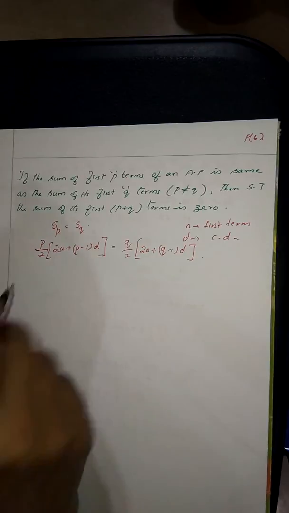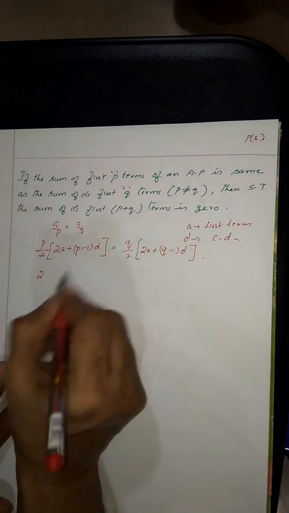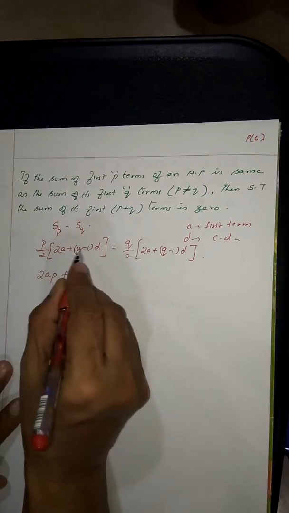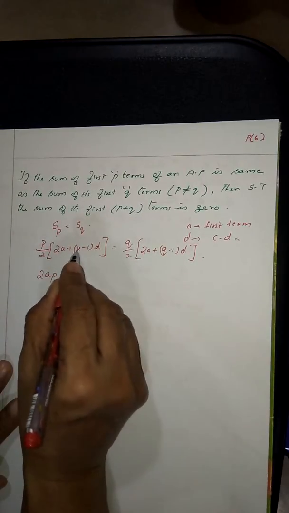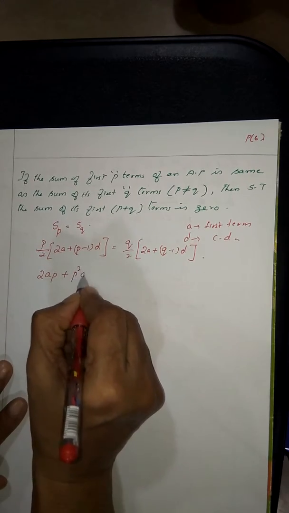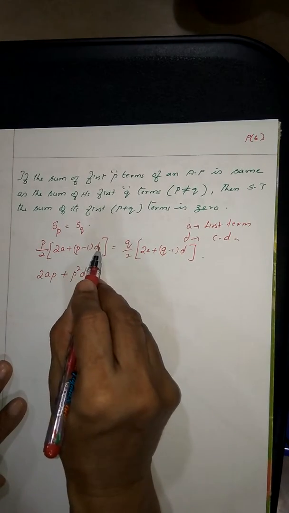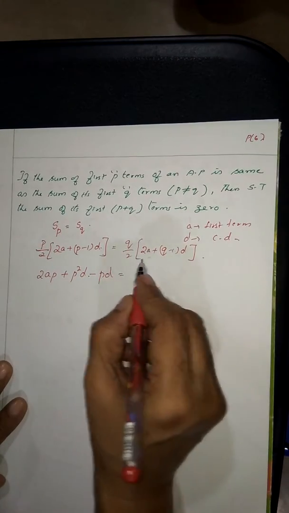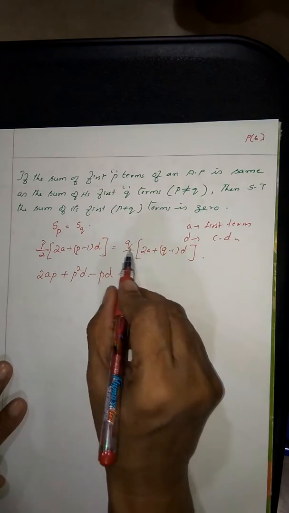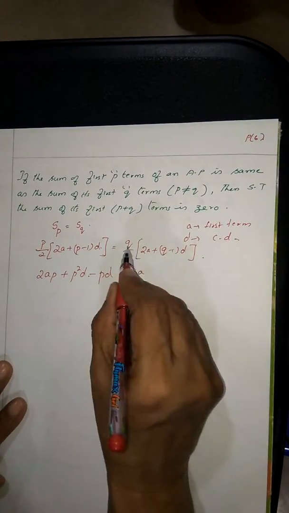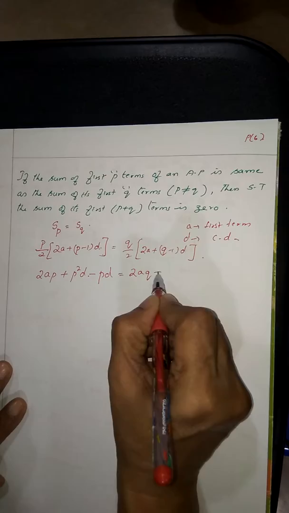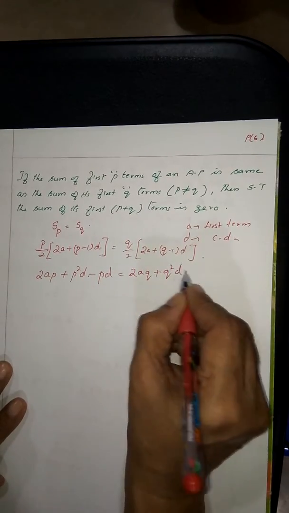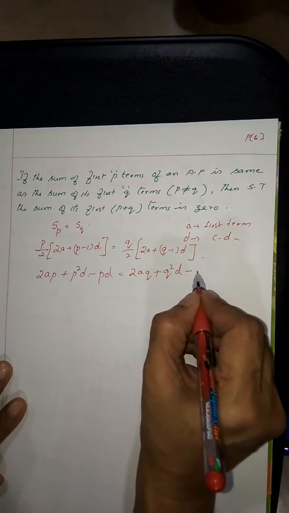So the 2 and 2 get cancelled. Multiplying throughout, we get 2AP plus P squared D minus PD is equal to 2AQ plus Q squared D minus DQ.